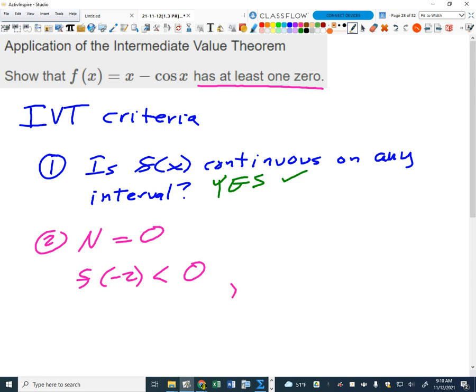What's a guaranteed positive value output for f of x? +2. f of 2 is definitely greater than 0. So we meet our criteria, don't we? Because n is between f of -2 and f of +2. Let's state that.